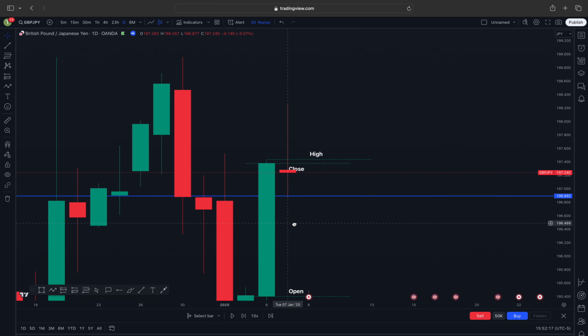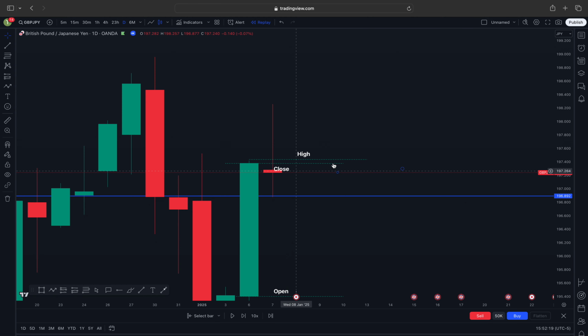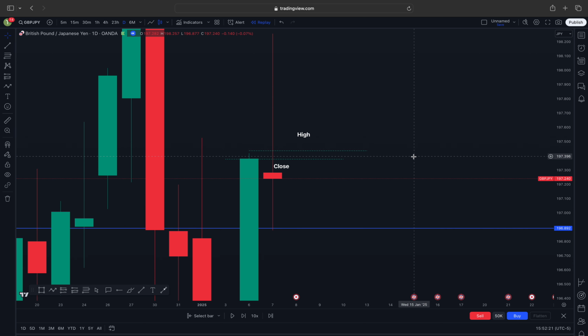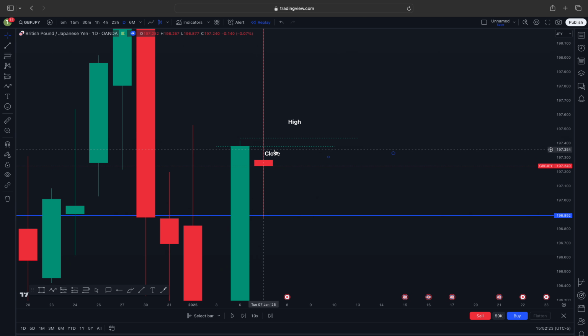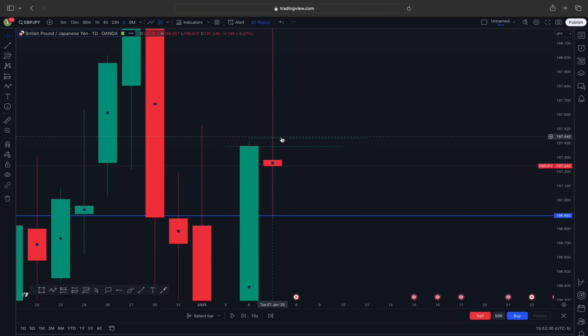this now is what we consider a bear. So this candle would have opened up where this candle closed, right?